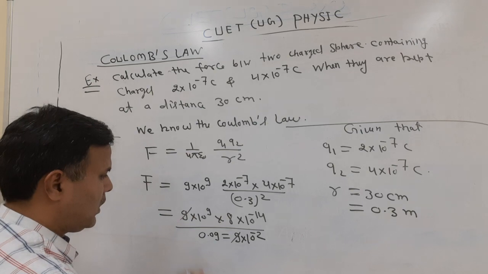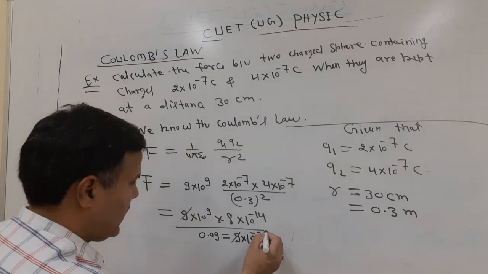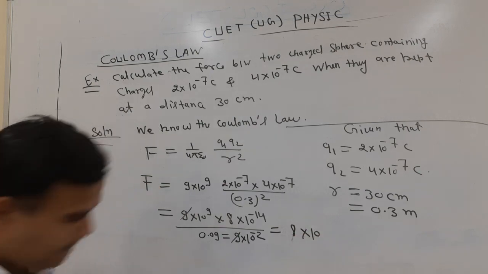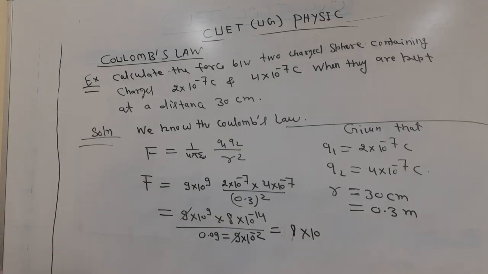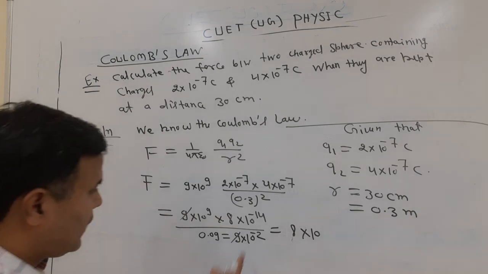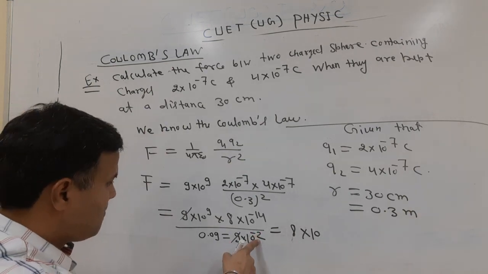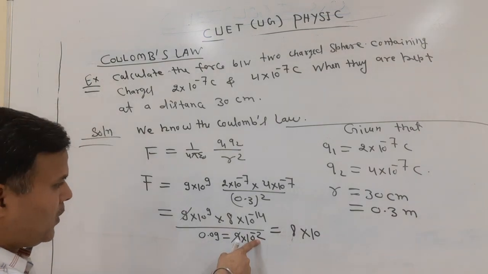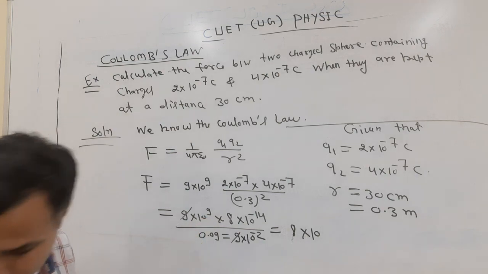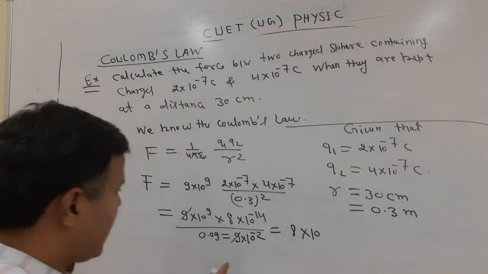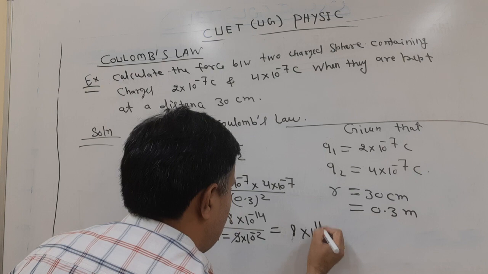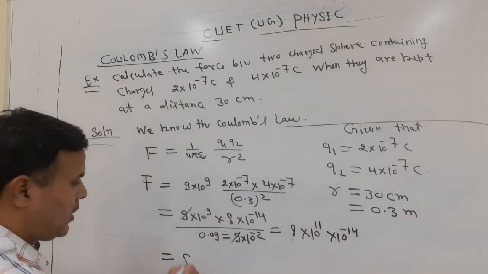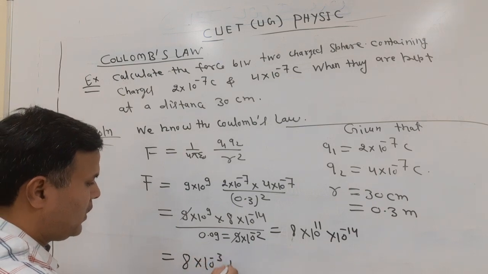The 9 cancels out, and we have 8 into 10 to the power minus 3 Newton.